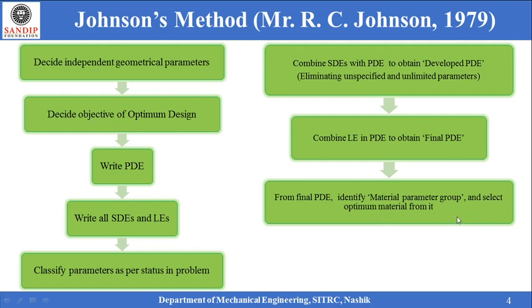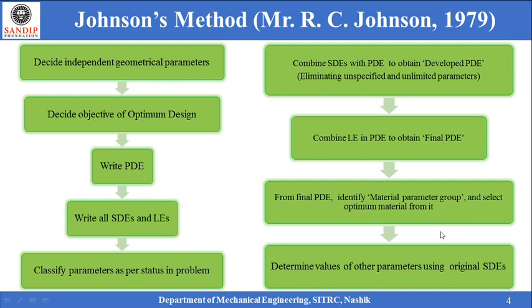And thus we are able to identify the optimum material in one go. Once the optimum material has been found, we can determine values of other parameters in the design using original subsidiary design equations. So this was the method proposed by R.C. Johnson to solve the problem or to design the problem in one go and achieve the optimum solution which will satisfy the objective of the designer.